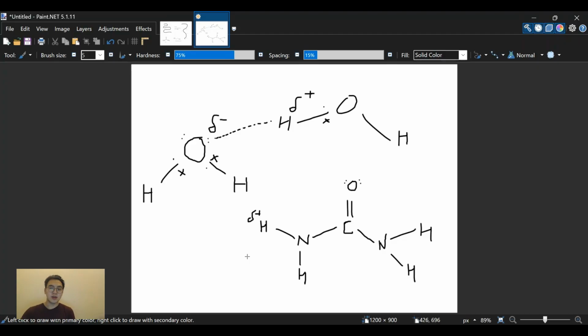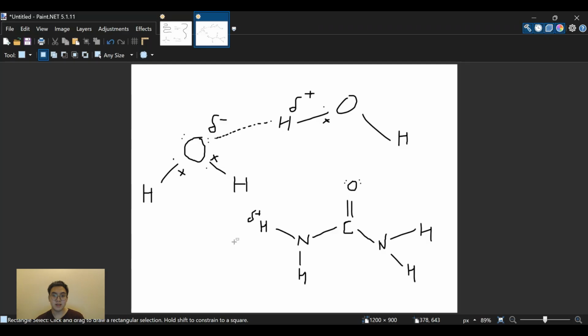You could also look at this oxygen. Oxygen is more delta negative than carbon, so it will draw the electrons in that double bond towards it. It is also delta negative, and oxygen also has 2 lone pairs here, just like in water. In fact, it is the oxygen lone pairs that is the delta negative agent in these disruptive actions against hydrogen bonds.